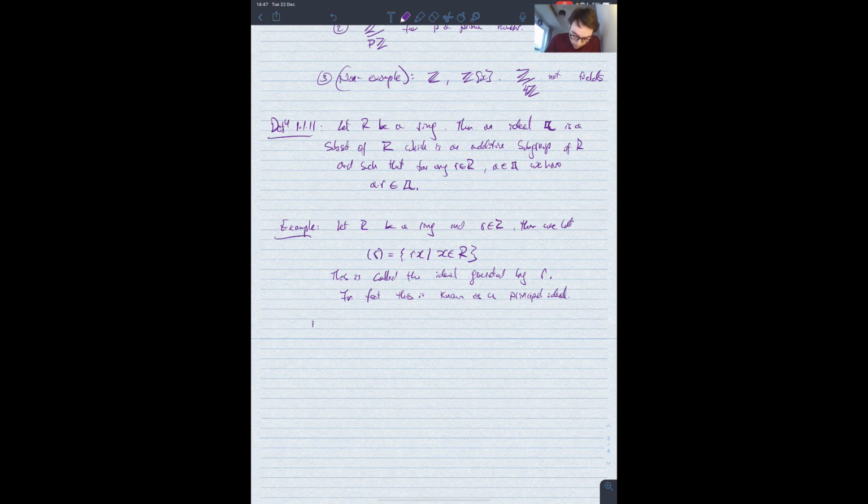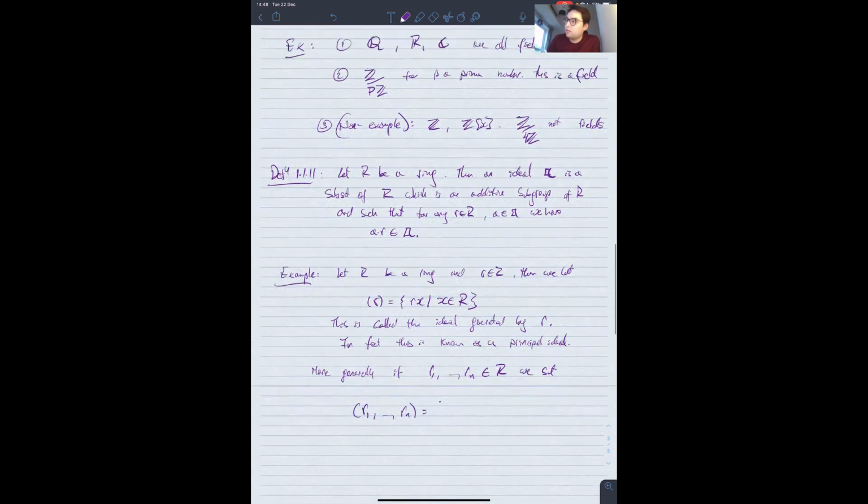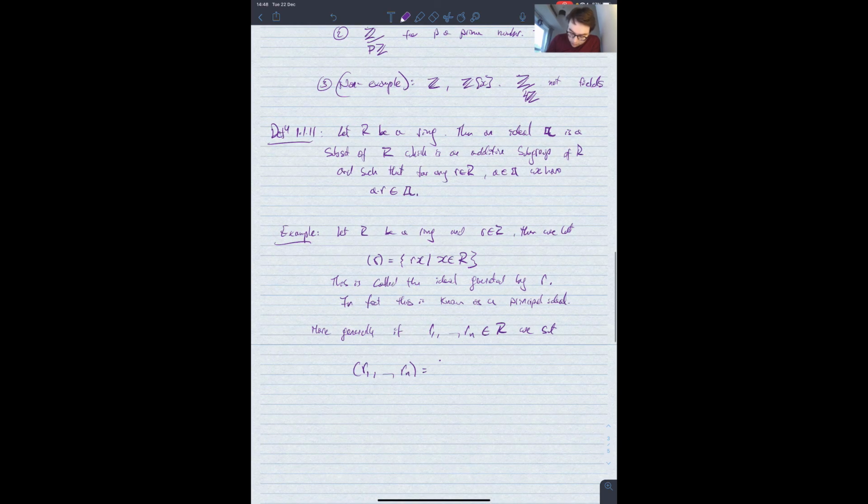So more generally, if you have r1 to rn elements in R, we write r1 comma ... comma rn. As a set, this is what it looks like, and you have to check that it's actually an ideal.